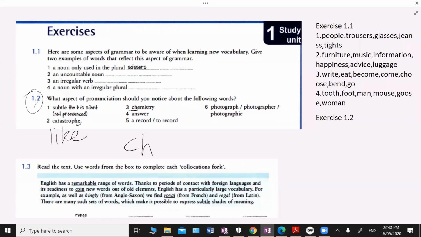Okay, look at number 6, photograph and photographer. Now, can you give any pronunciation aspect of this question?